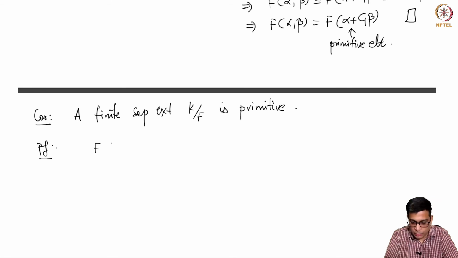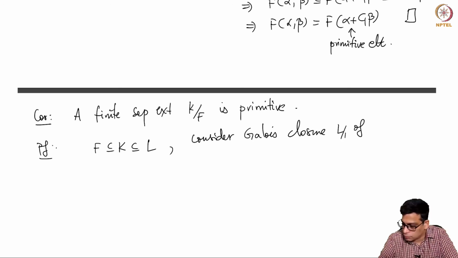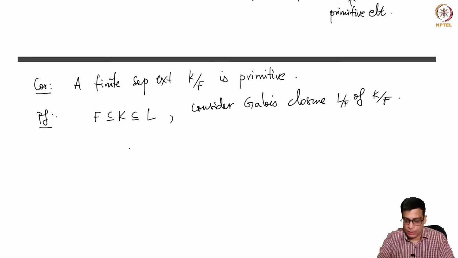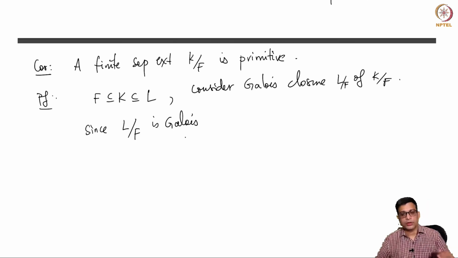So given K containing F, we take L, the Galois closure, which I defined earlier, meaning you take the generators of K over F, add all the conjugates over F of those elements, and you get a Galois extension. So basically any separable extension can be extended to a Galois extension.